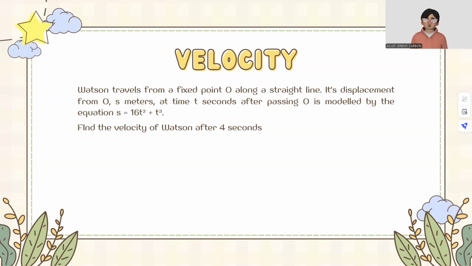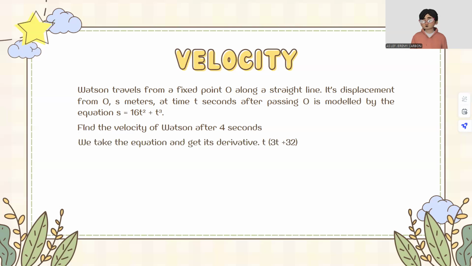Now, given that we only have the equation for s, what do we do then to get the equation for velocity? Simply put, we take the equation and get its derivative. What you see on board, which is t multiplied by the quantity of 3t plus 32, is a simplified version of the actual derivative.